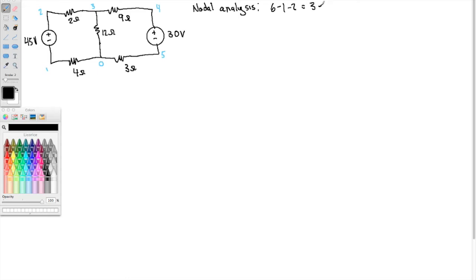So that would be 3 equations we would need. Yikes. Alright, well, how many meshes do we have here? Well, we've got this mesh, and we've got this mesh. So we've got 2 meshes. Mesh analysis.